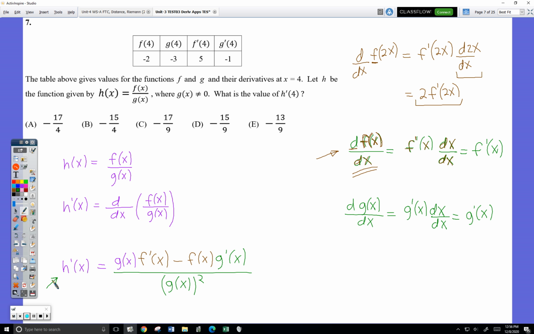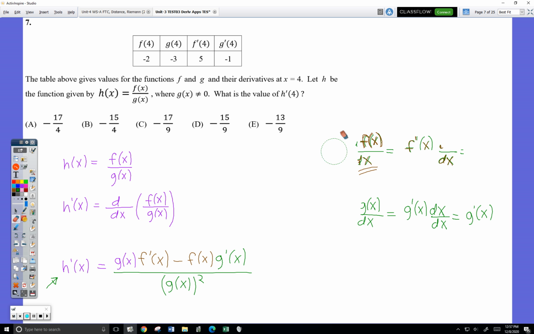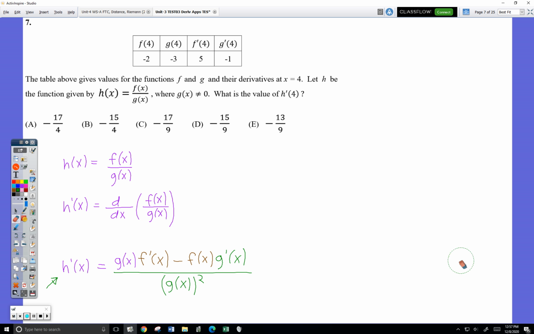So now what? Anybody? Please, Christine. You would plug in the numbers from the table. So you would plug in g of 4 for g of x, and then f prime, plug in 5. And then f of x you would do 2, and g prime of x you would do 1, all over... No, it's very good.